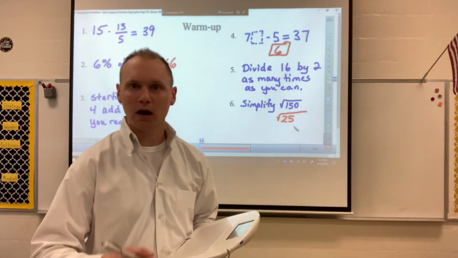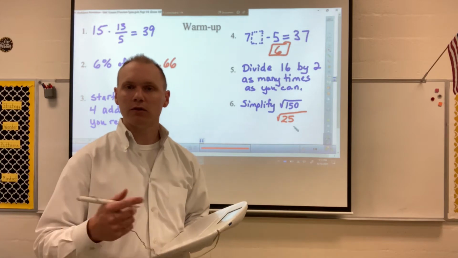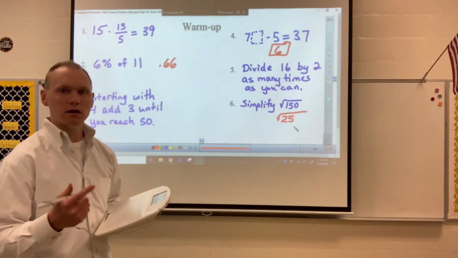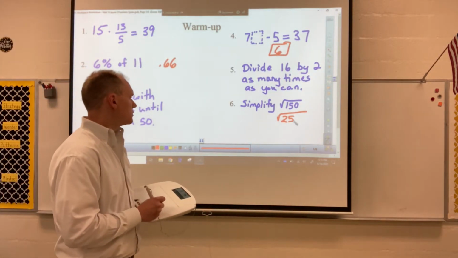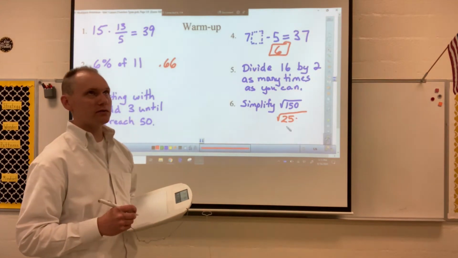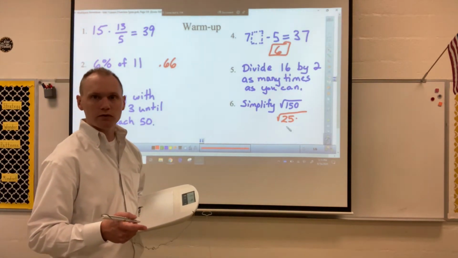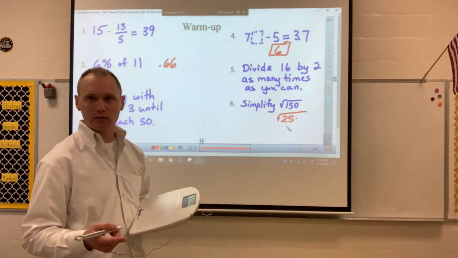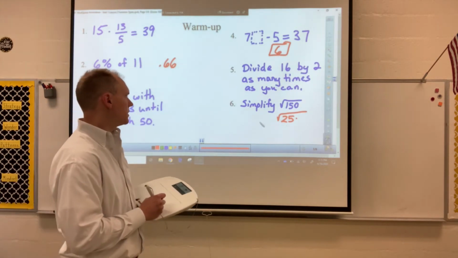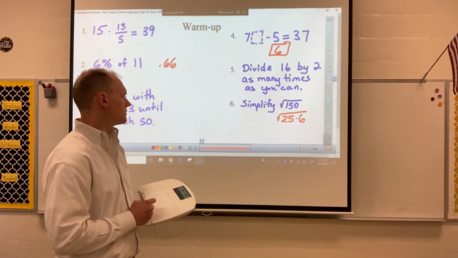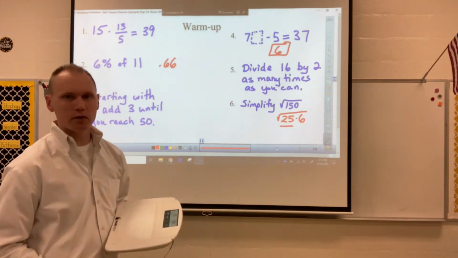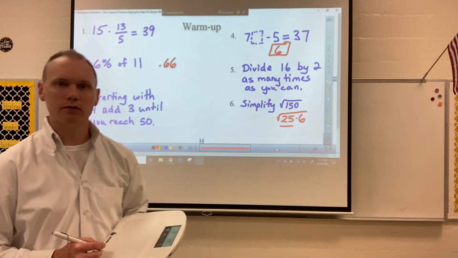1, 4, 9, 16, 25, 36, 49, 64, and so on. So 25 times 4 is 100. So 25 times 5 is 125. 25 times 6 is 150. 25 times 6. Again, because 25 is a perfect square, we can actually evaluate that part of the square root.